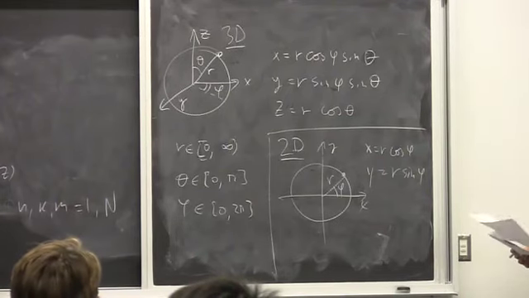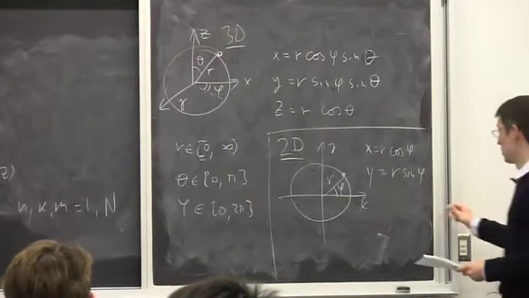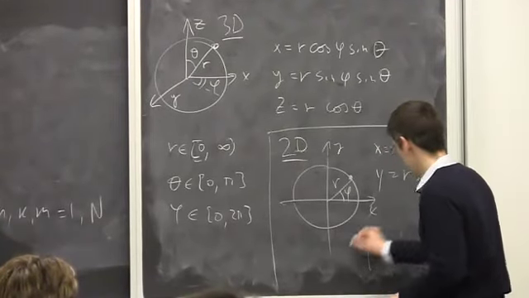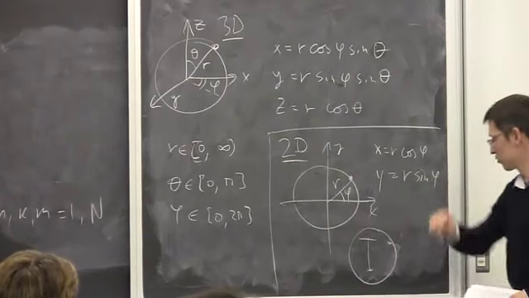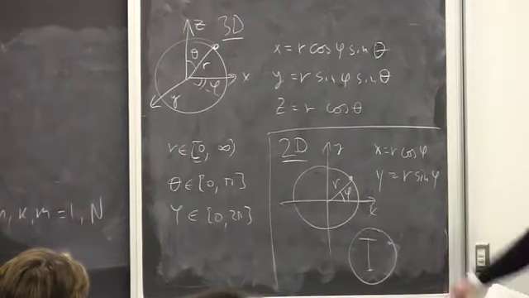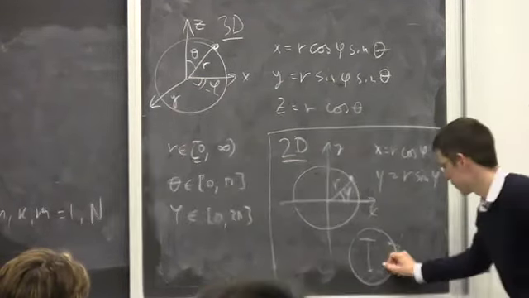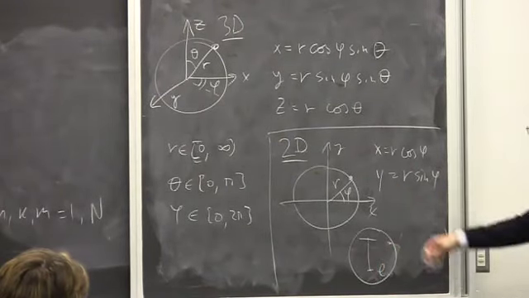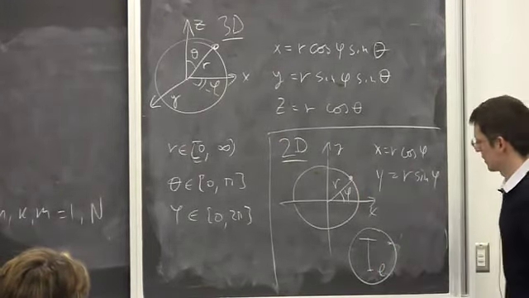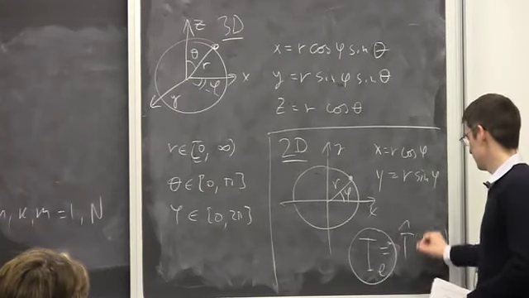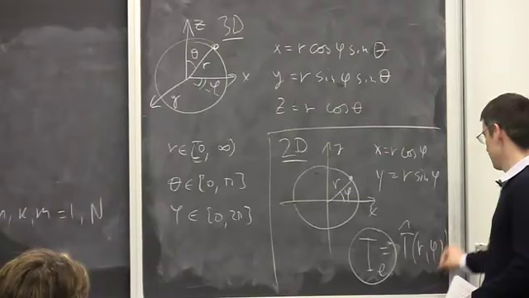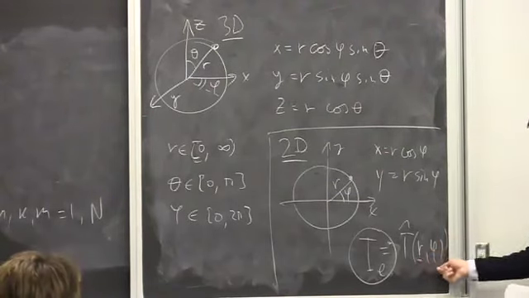Now let's try to slay the dragon, right? And try to express the kinetic energy of this, say, electron in a two-dimensional subspace as some operator which will depend only on r and phi.